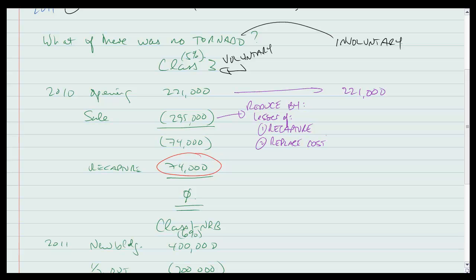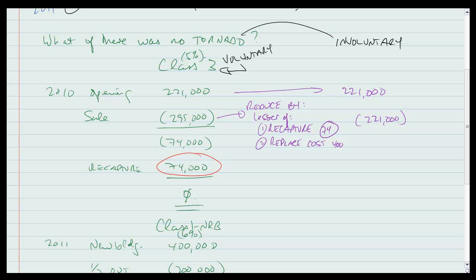We're not going to have you include income this year. In our case, this number is 74, and the replacement cost is much bigger, 400, so 74 is the lesser of the two. So we get to reduce 295 by 74, and that gets us to 221.